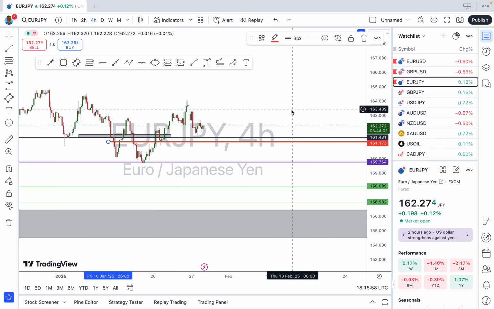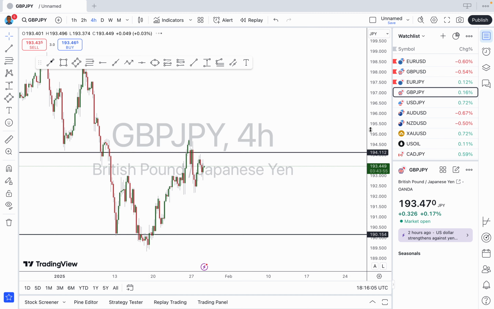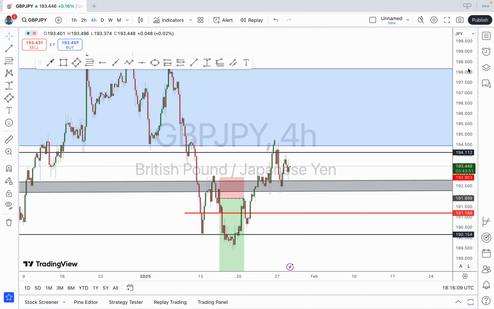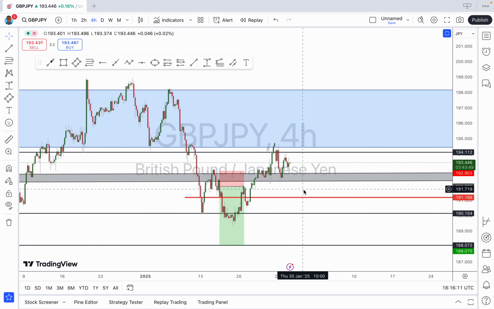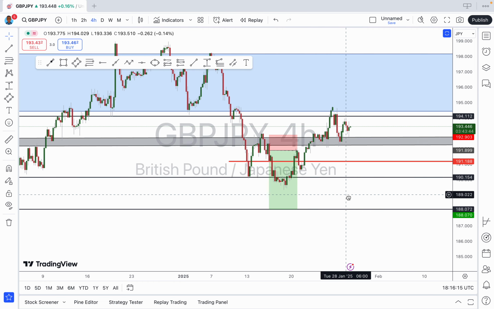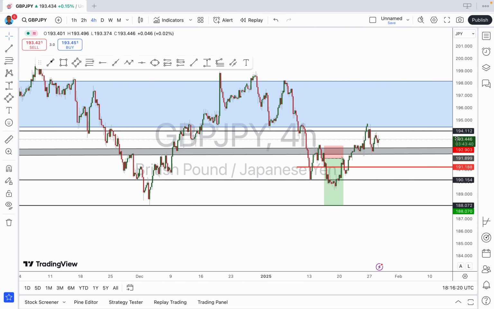Another thing I want to speak on, I think another trade I took was GBPJPY. And GBPJPY basically just stopped me out for break even. I remember saying GBPJPY was basically looking bearish.